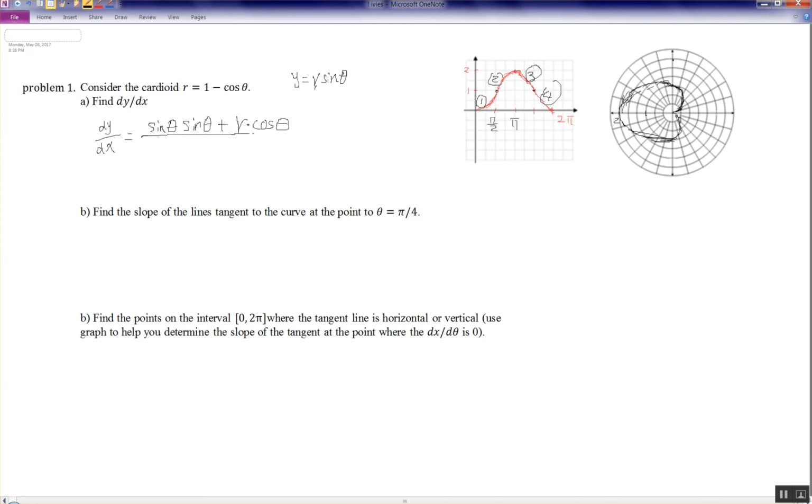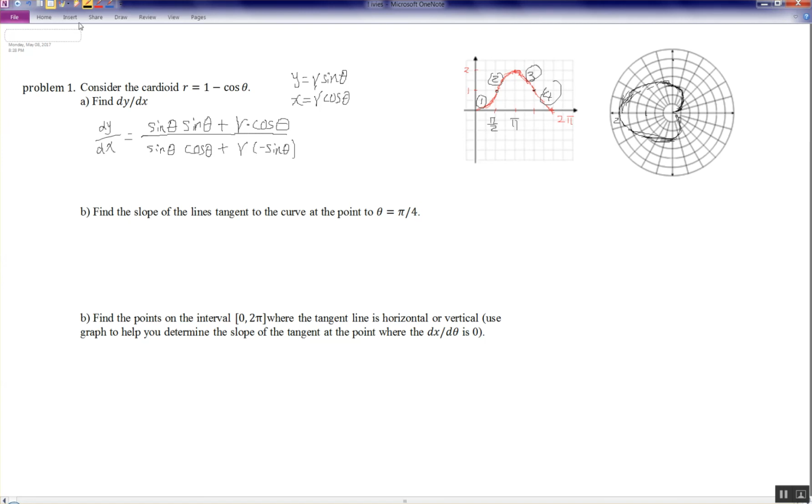You see, I will not memorize this formula. I just derive it when I need it. And of course, you have to know that y is r sine theta and x is r cosine theta. So let's find the derivative with respect to theta for x. It will be r prime, which is sine theta, we just discussed that, times cosine theta, plus r times the derivative of cosine, which is negative sine theta, right?